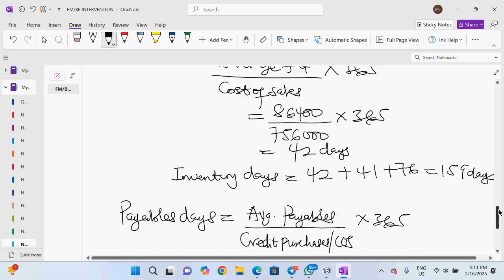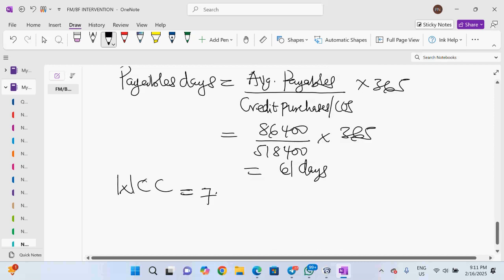So that is 73 plus 159 minus 61 days for payables. And that is giving us how much? So that is giving us 171 days.